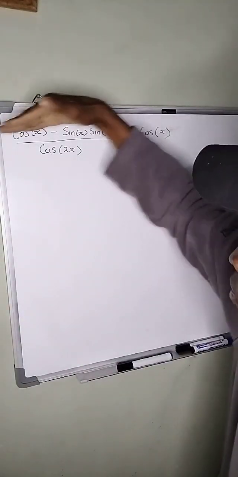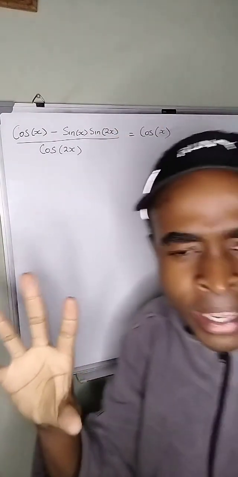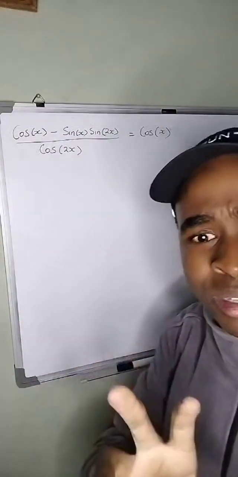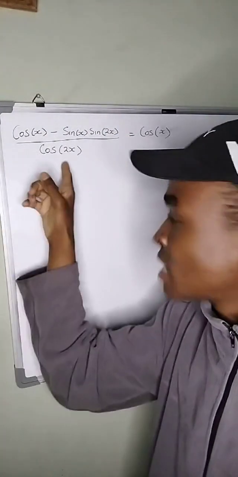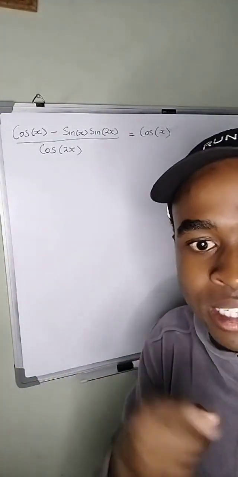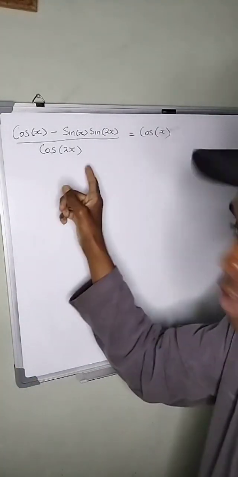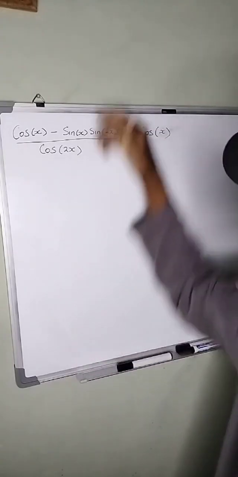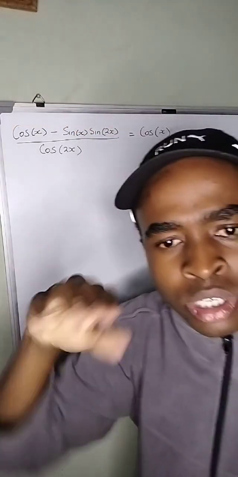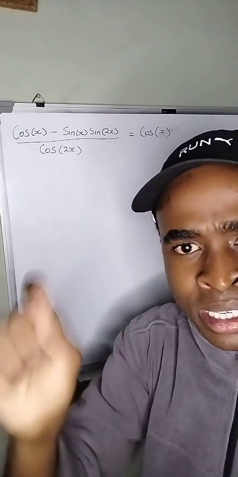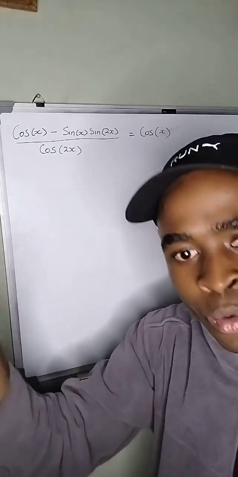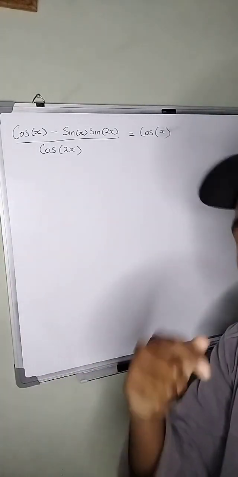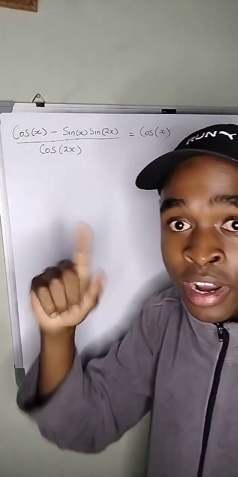Be busy with the numerator first and check which formula it corresponds with, because the double angle has 3 identities that you have to consider before you change it.